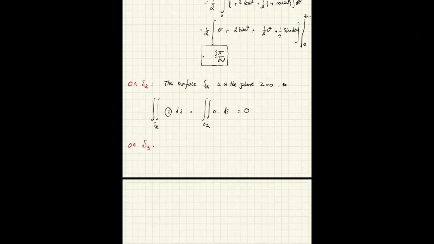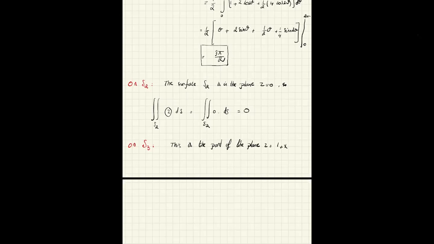The surface, this is the part of the plane z equal to 1 plus x, right?